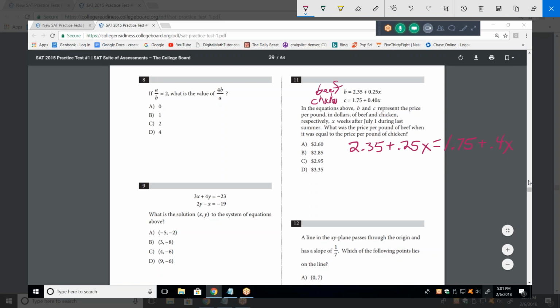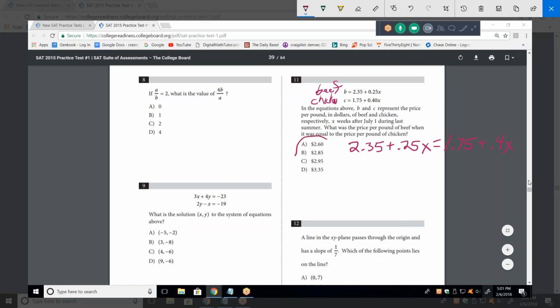Okay, so there's our equation. Can you see that okay? Yeah. And solving for x is not quite what they want. We'll be able to solve for x, and then we'll have to substitute it into one of these equations to figure out what that price is.